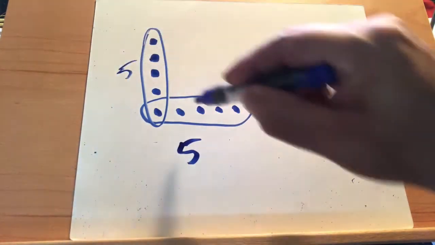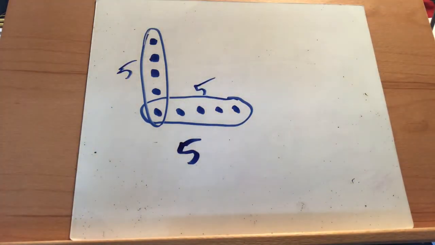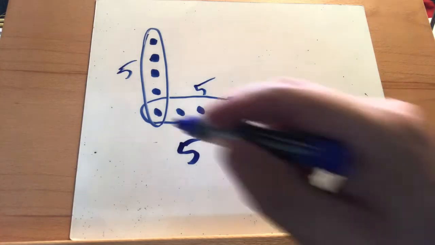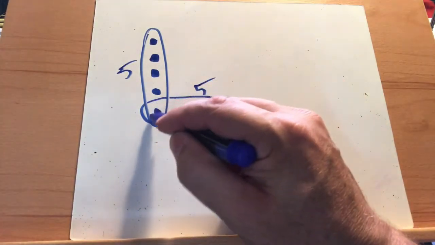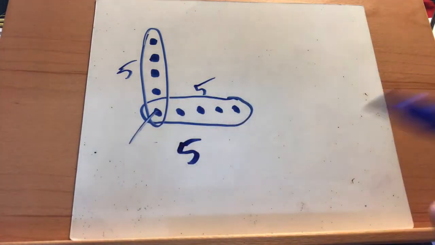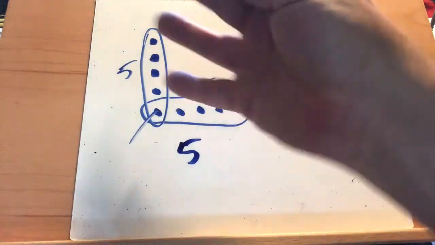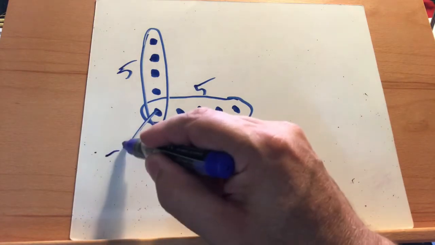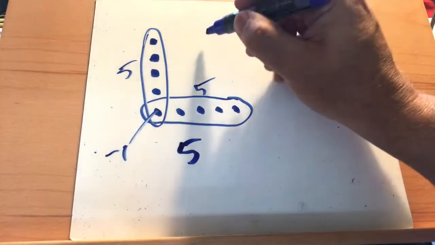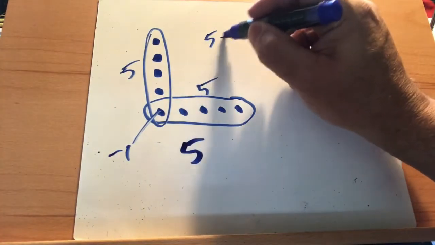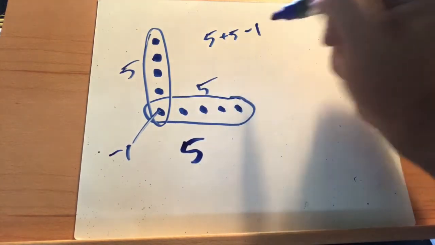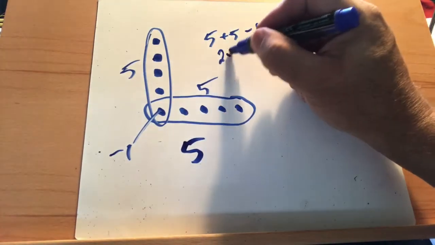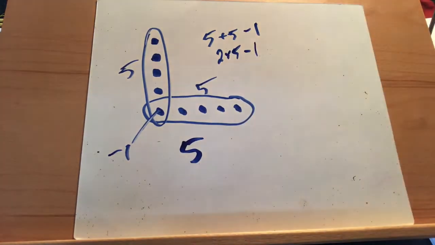That's 5 plus 5 is 10. But no, it isn't, because this guy's been counted twice. So we have to undo counting that twice. We counted it first with the bottom one, then with the top one. We want to count it one of those 2 times, not both of those times. So we're going to subtract 1. And so we did 5 plus 5 minus 1, or you could write that 2 times 5 minus 1 if you want it.